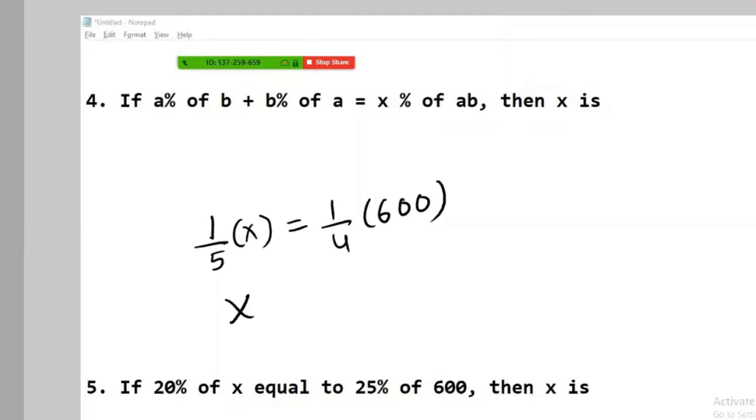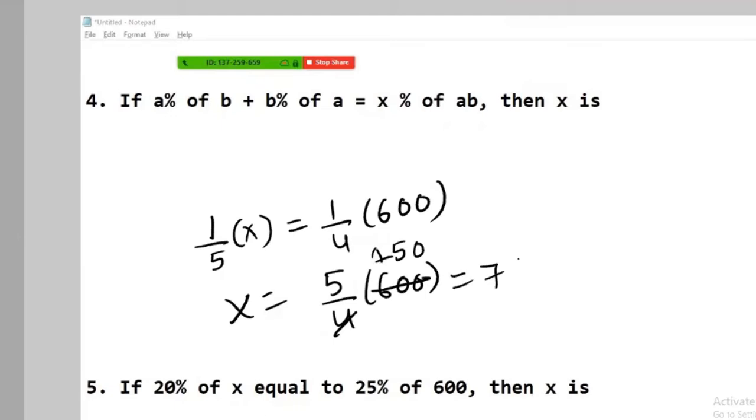So X is equals to, 5 will come in the numerator, then 5 by 4 of 600. So 4 ones are 4, I left with 2, 4 5s are 20 and a 0. So 15 5s are 75. Then X is equals to 750.